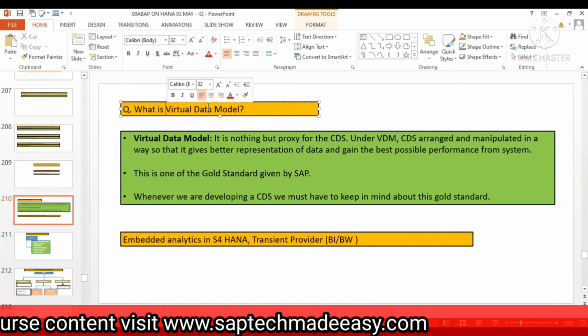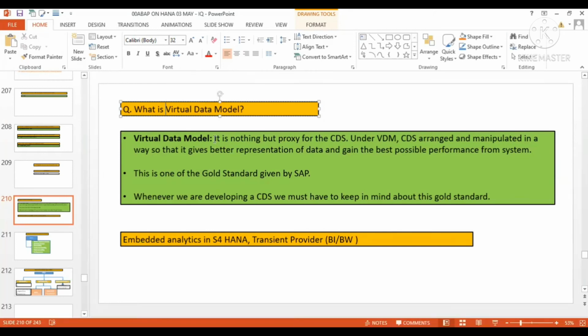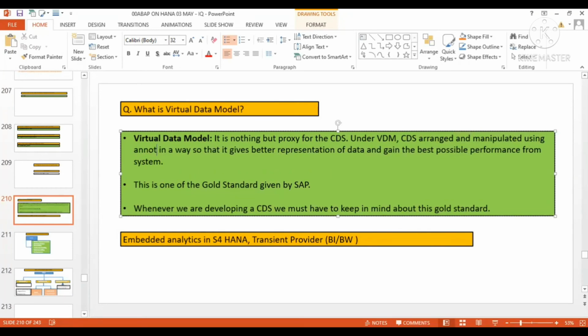We are going to put some annotation over there, and that CDS will become the virtual data model. Okay. So it is nothing but proxy for the CDS. Under VDM, CDS arranged and manipulated using annotation in a way so that it gives better representation of data and gain the best possible performance from system. Okay. So that's the virtual data model.